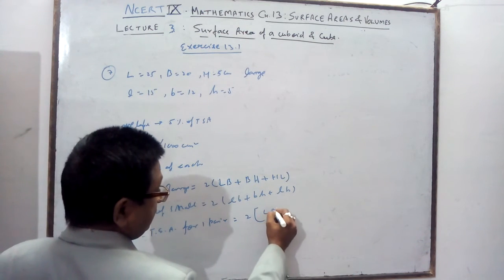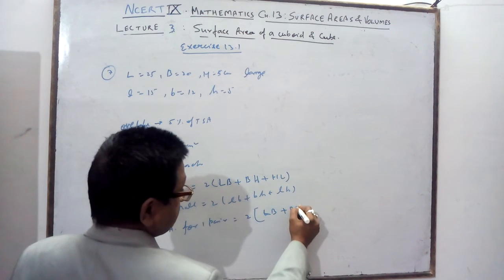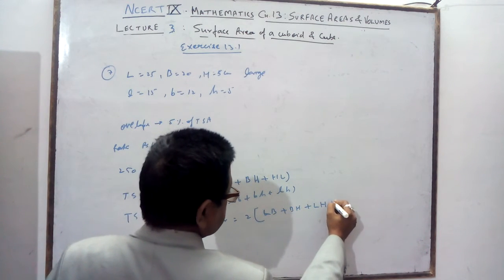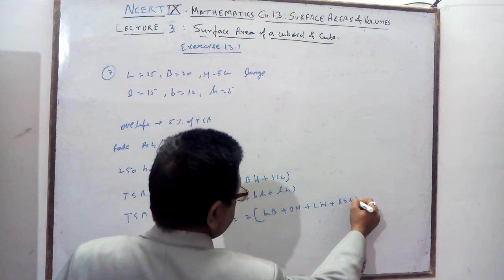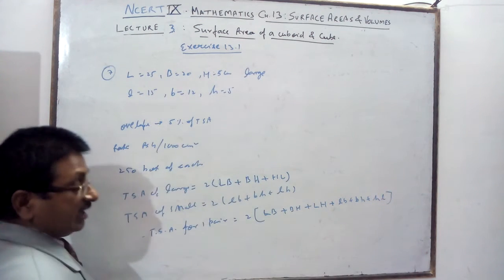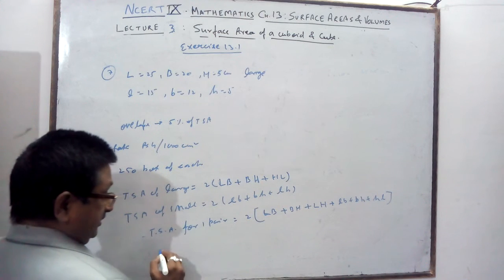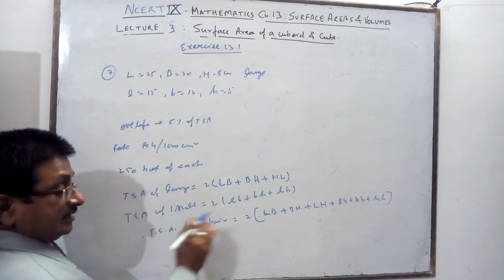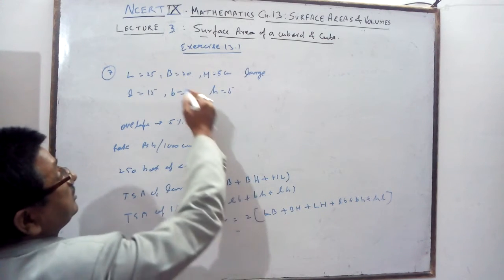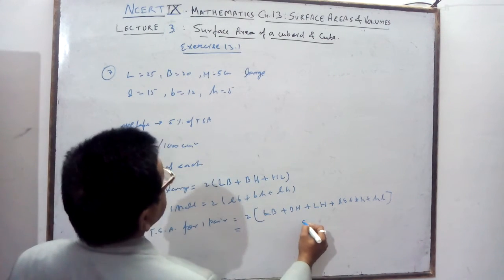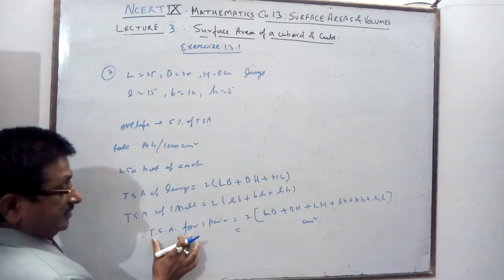You can write LB plus BH plus LH plus lb plus bh plus hl, or add them all. Put the values and calculate, and you will get the TSA in centimeter square.